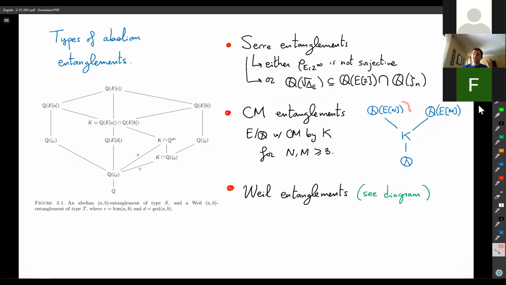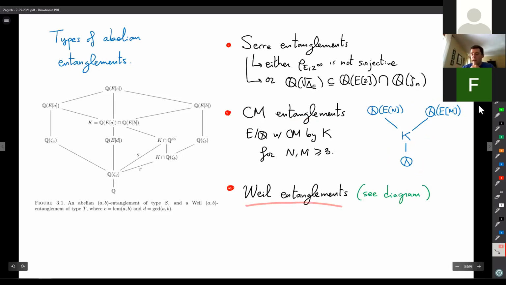In my original statement about the adelic image of the CM case, this is sort of baked into that theorem, because remember that I told you that after a quadratic extension, the image is abelian. That quadratic extension is this extension. So that entanglement is baked into that theorem. But in any case, if you're just looking for entanglements in the CM case, you would find such entanglements. And that is what we call a CM entanglement.